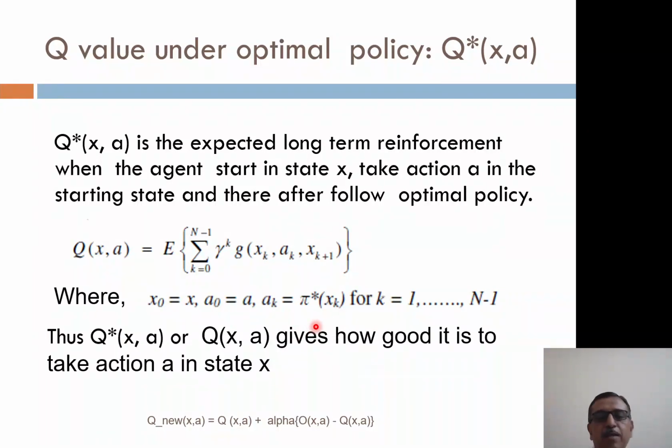What does it mean? It means you are in some initial state x, you take action a irrespective of the optimal policy, and thereafter follow the optimal policy. So let me bring that figure here.